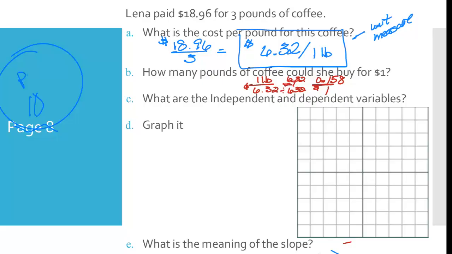It's $0.158, but we say it's 15.8 cents. So yes, I would say we should take it probably to 16 cents, or 0.16. Okay?